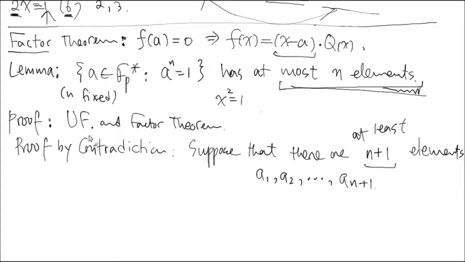So unique factorization and the factor theorem, right? They're about what kind of object? Some formal object. What are those? Polynomials. In our original problem, the lemma, are there polynomials there? There's no polynomial. It's just that you have a raised to the nth power and see if it's 1 or not. But do you see a polynomial now? Let f of x be something.